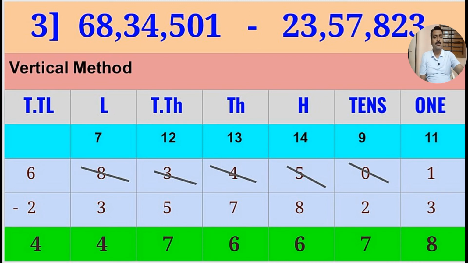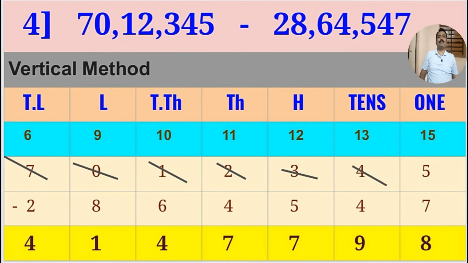Now let's move towards the next example in this problem set that I want to keep in front of you. So here I am taking the 4th example. This example is in your textbook, in problem set number 11, given at serial number 5. Now in this example, we have been given two numbers.